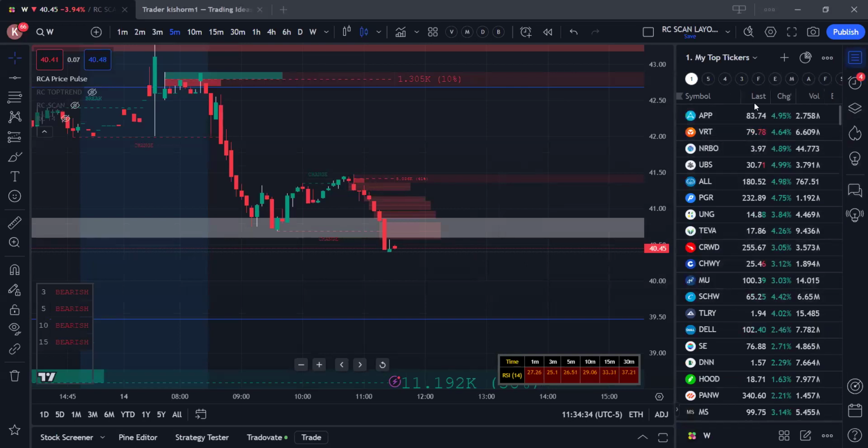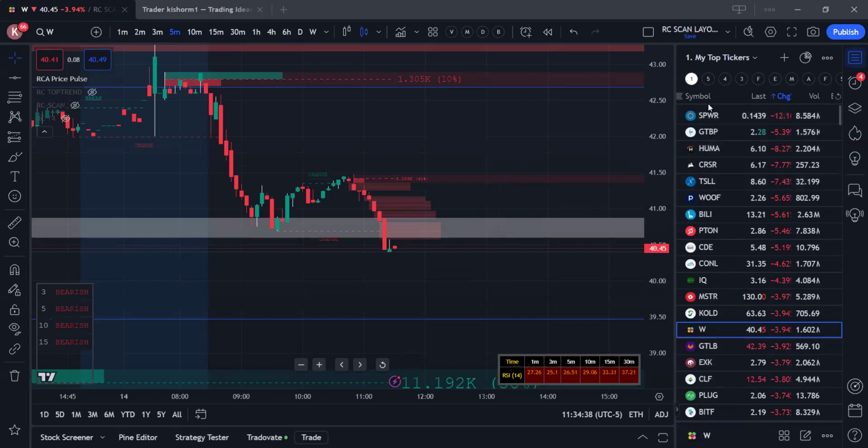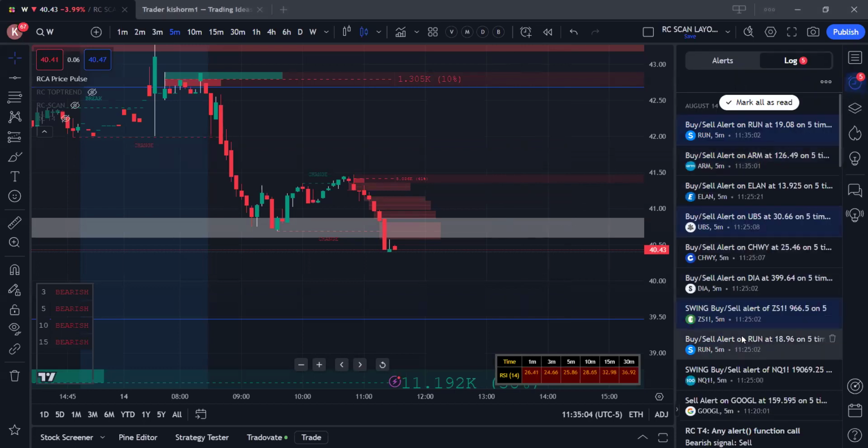Right before market open, you look at which are the most bullish tickers, which are most bearish tickers. So once you set those alerts, then once market opens, you watch for those alerts.